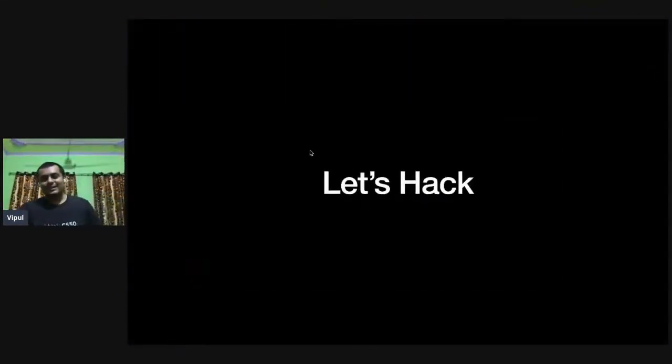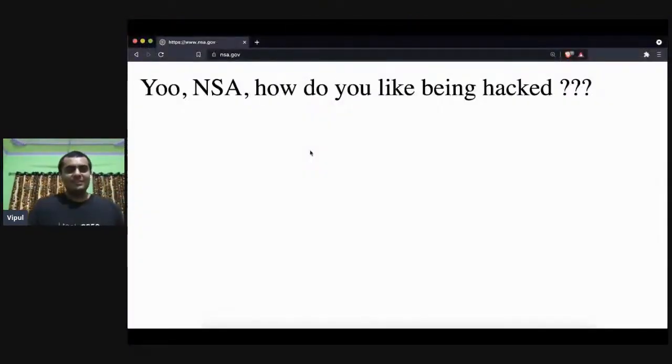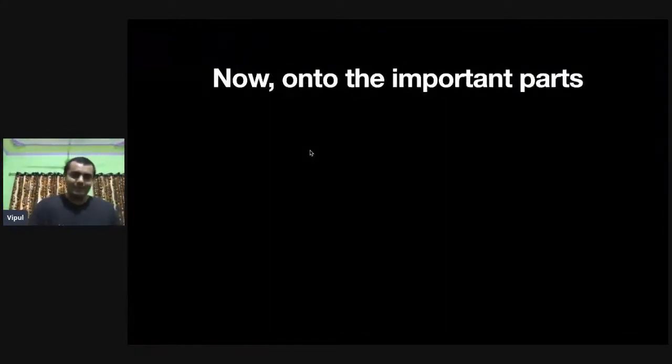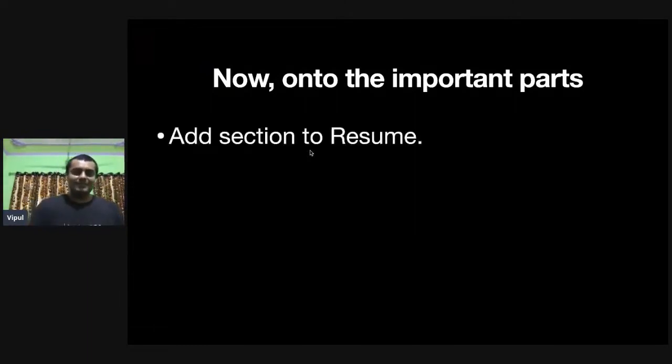So we just hacked NSA, and since we just hacked NSA, we have a couple of things we need to do. So the important pointers: first of all, let's add a new section on your resume and just mark that you had hacked NSA at one point of time, and you get bragging rights.